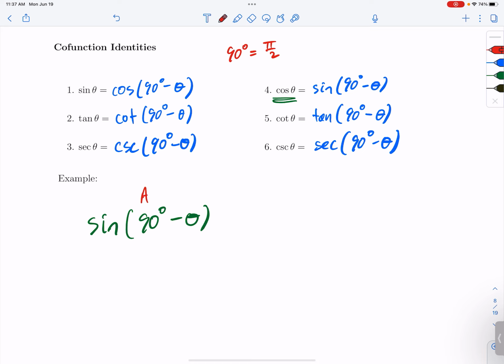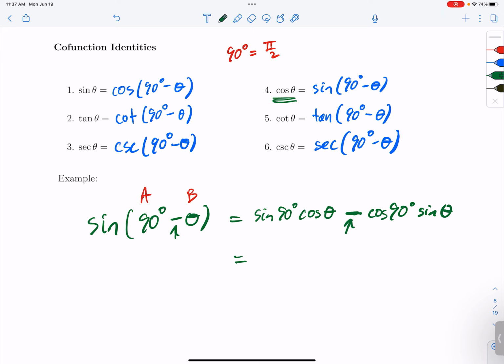So I'm going to say that this is A, this is B. The difference formula for sine, I have sine of the first times cosine of the second. I keep the operator the same, so it's subtraction here, so I'm going to subtract here. And then cosine of 90 degrees, then sine of theta.